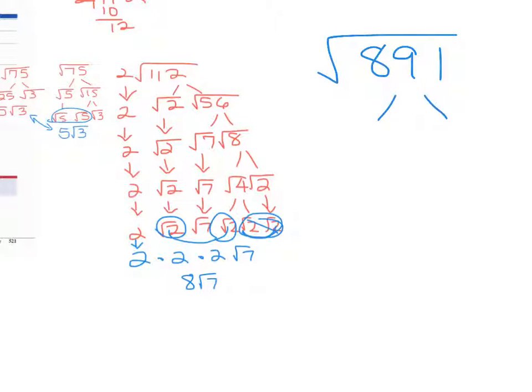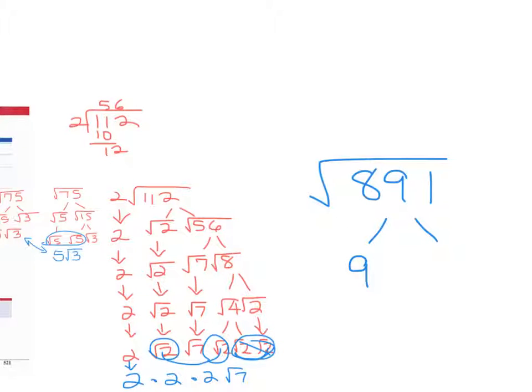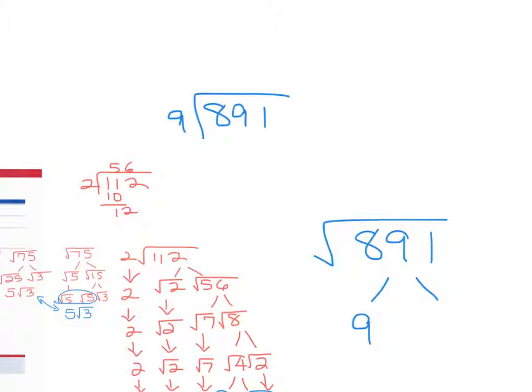So I'm going to do 9. So I know that 9 will go on into this. Let's try and divide it out. I know it'll go in there because of my divisibility rule, but I'm going to go ahead and divide it. So 9 won't go into 8.